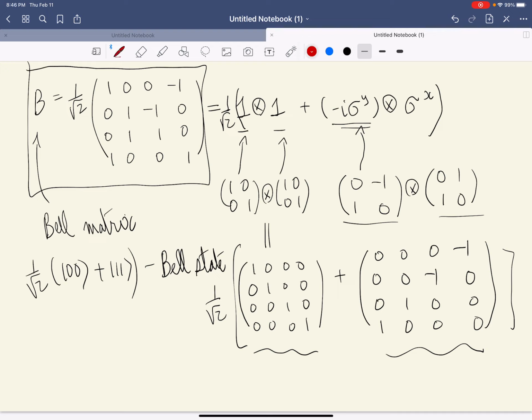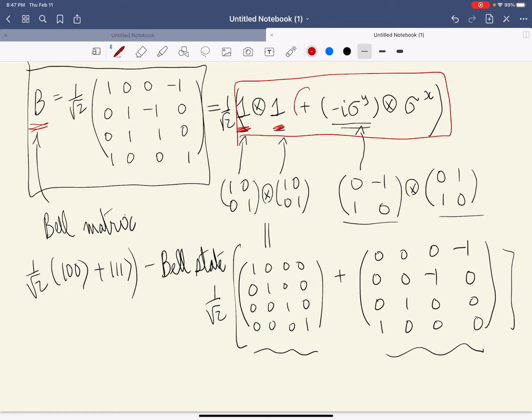So that shows that this is the correct decomposition of the Bell matrix into tensor products of smaller matrices. But the important thing is that the Bell matrix is not a simple tensor product of two submatrices.